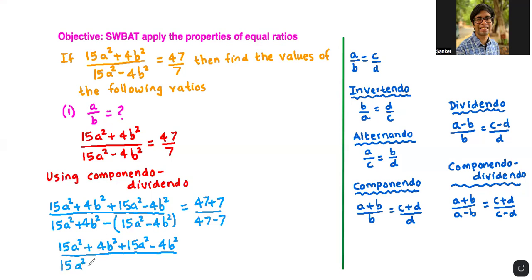So 15a² + 4b² now becomes minus 15a², and this was minus initially, it becomes plus. And my right hand side is 54 upon 40. Here, 4b² and minus 4b² are going to cancel each other. Plus 15a² minus 15a² will cancel in the denominator.